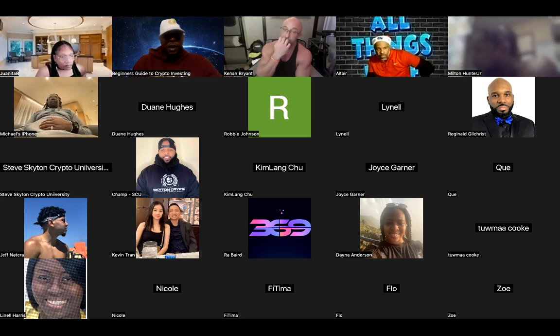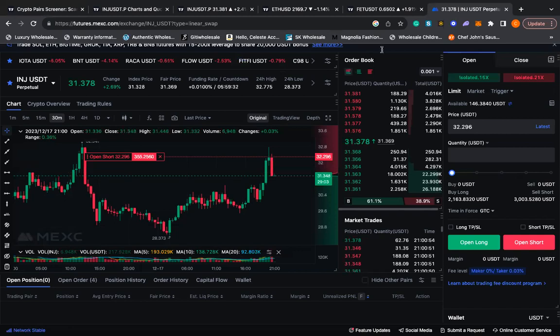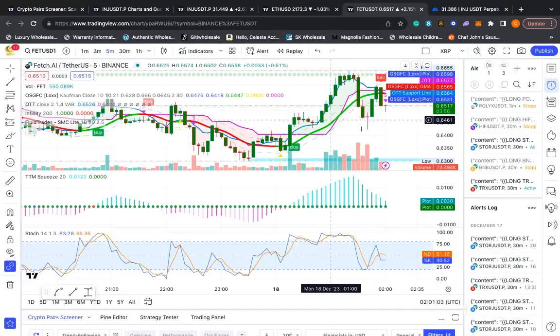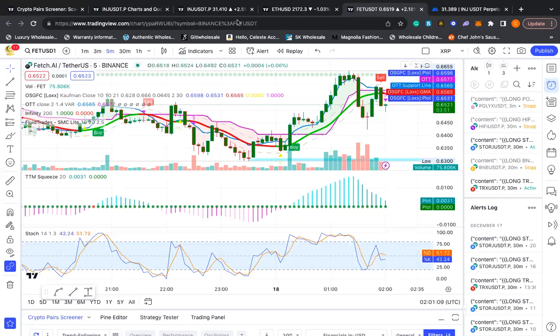So, for instance, let me show you. It's better if I show you. This is a nice entry level on this mark as well. Prime example. If I'm in a consolidation period here, let me get my.